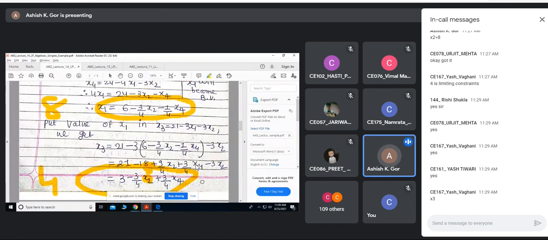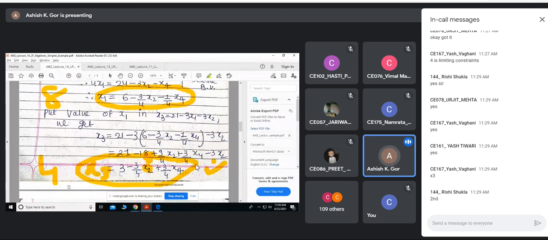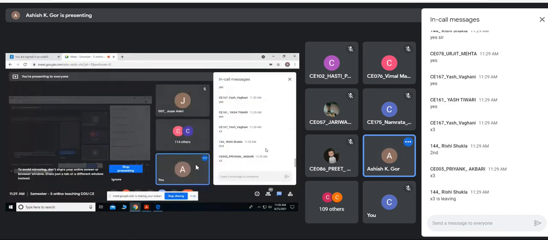So this is the limiting value. So in that corresponding limiting constraint, I have to enter x2, and for that I have to leave x3. Very correct. Yes, x3 is leaving.